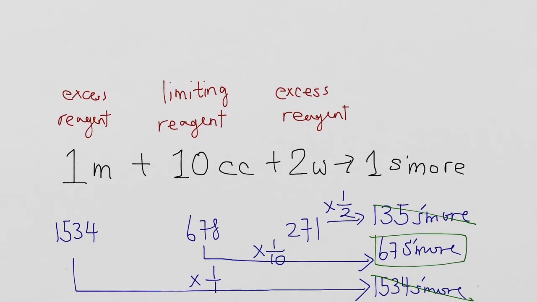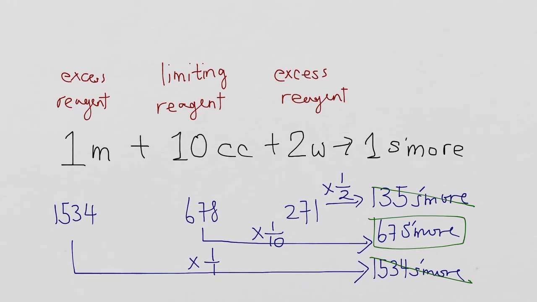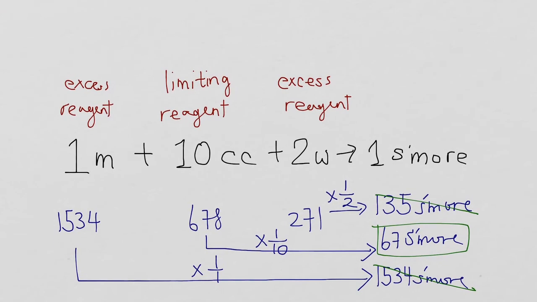And leftover in chemistry we call excess. So limiting reagent makes the least product. And it always gets used up first.